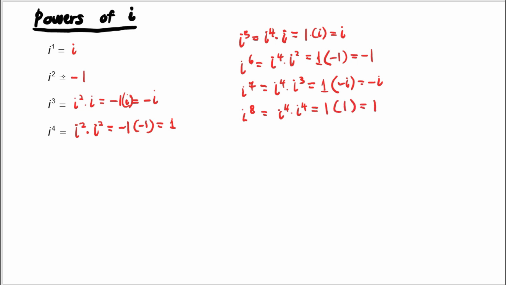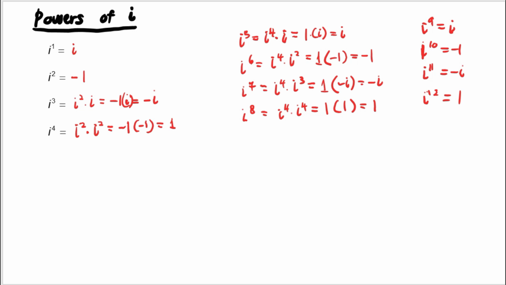If you see this pattern, if you proceed with i to the power of 9, it will give you i, right? i to the power of 10 will give you negative 1. i to the power of 11 will give you negative i, and i to the power of 12 is equal to 1. And you can proceed until i to the power of 100, i to the power of 1000, and so on, right? So you can solve those complex numbers involving the powers of i with higher powers.